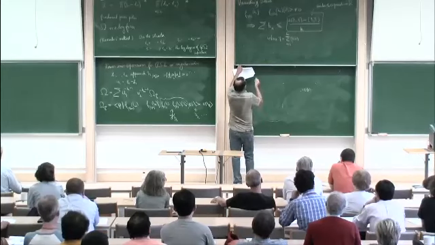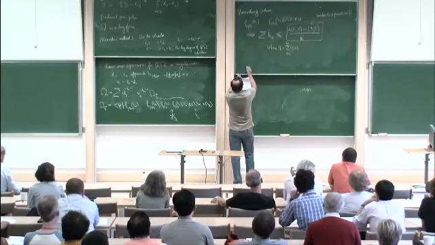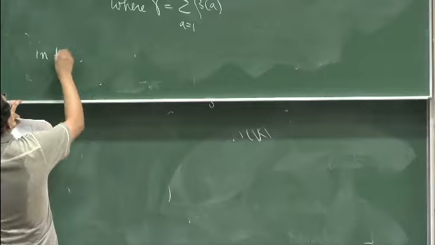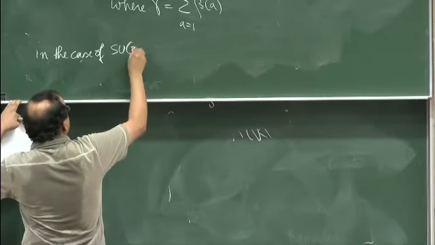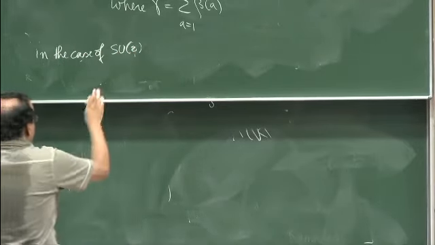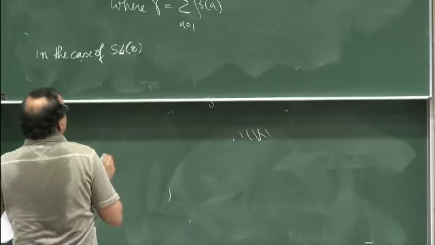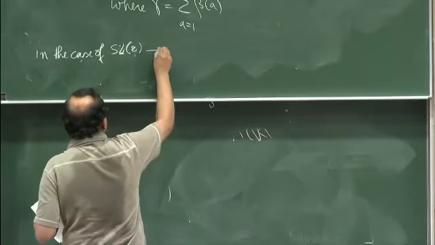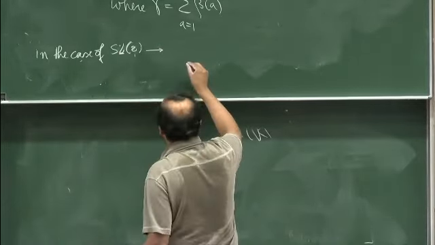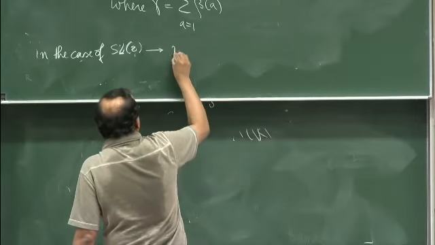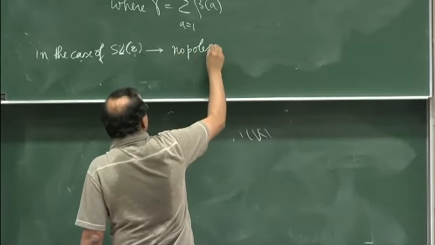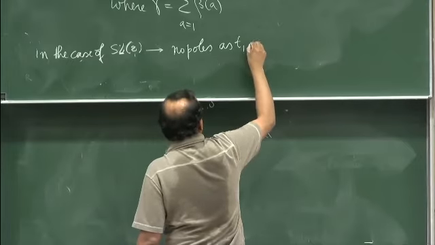So in the case of SL2, this is much simpler if you work it this way. There are no poles as T1 approaches T2 and so on.